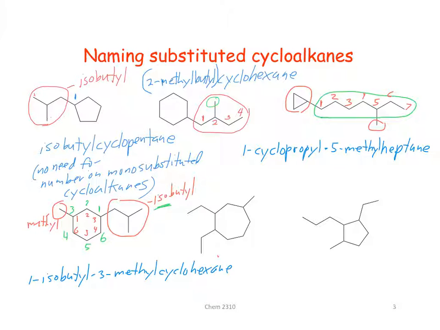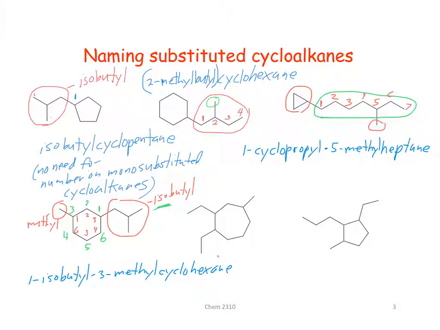Okay, so now we have two what we could call tri-substituted cycloalkanes. All right, so again, what we want to do is number it to give us the lowest possible numbers. We're going to start number 1 at the position where if we number either clockwise or counterclockwise, it gives the second group the lowest number.